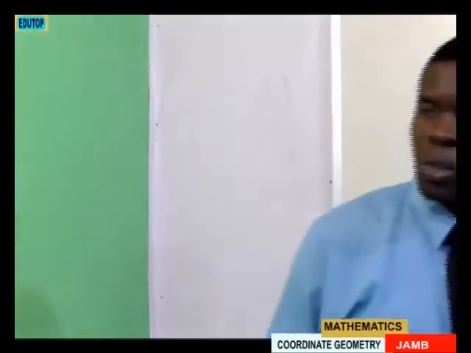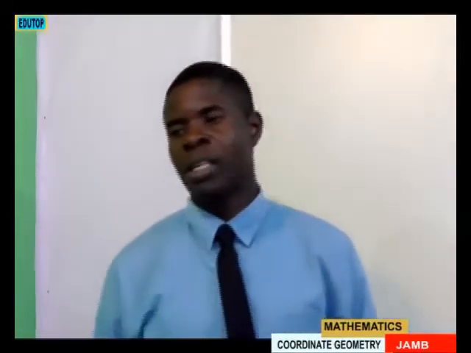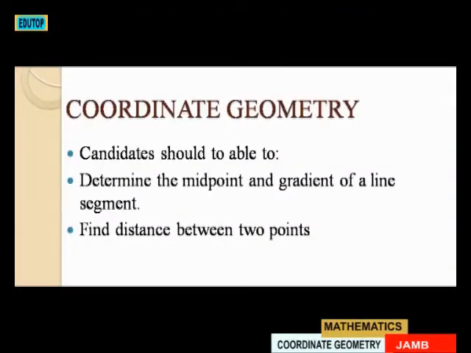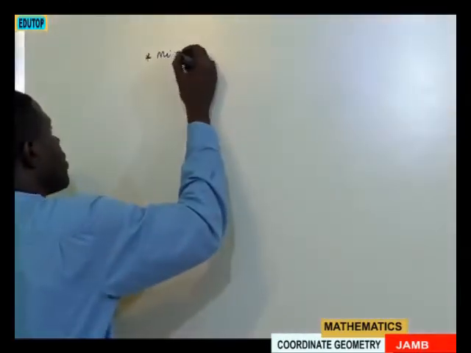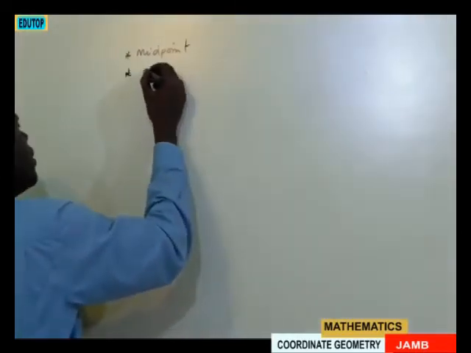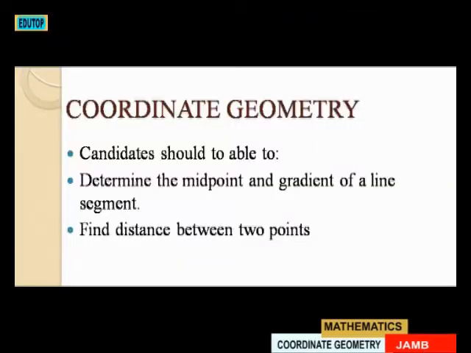Our next topic is coordinate geometry. Under this topic, candidates should be able to: 1. Determine the midpoint and gradient of line segments. First point is midpoint, and the second one is gradient. Then point 2, distances between 2 points.